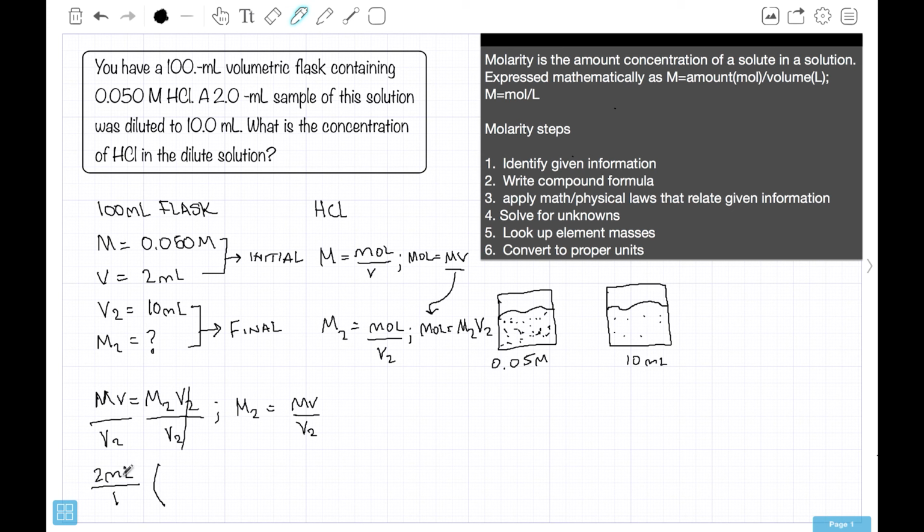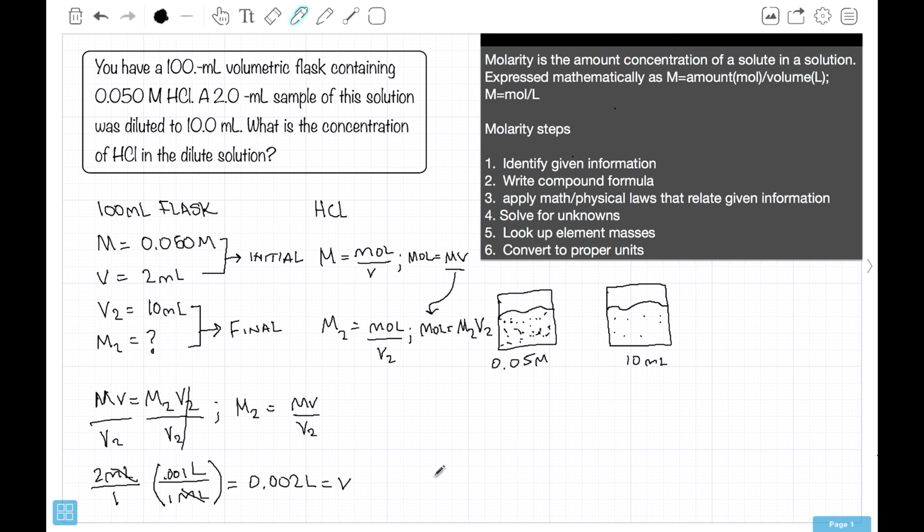So in order to eliminate milliliters, I'm going to have to divide by milliliters and multiply by liters. So 1 milliliter equals 0.001 liters. Milliliters will cancel, and after you multiply, you'll find that you have 0.002 liters, and that's in the sample, or I'll call it V.